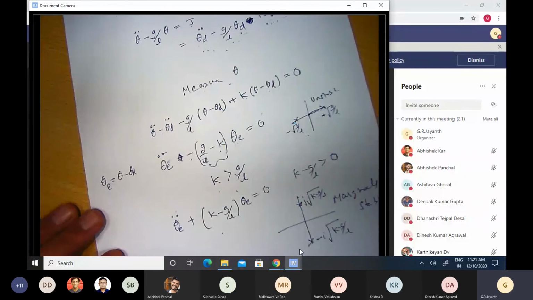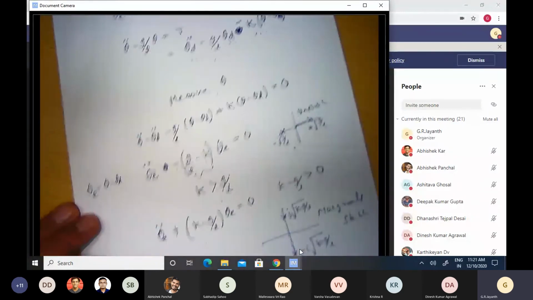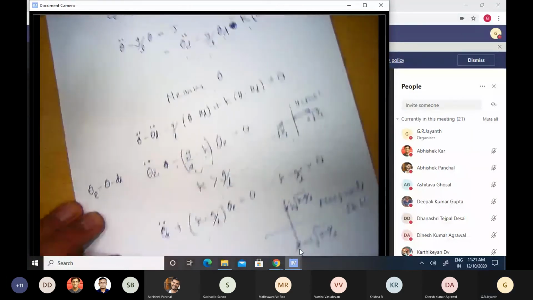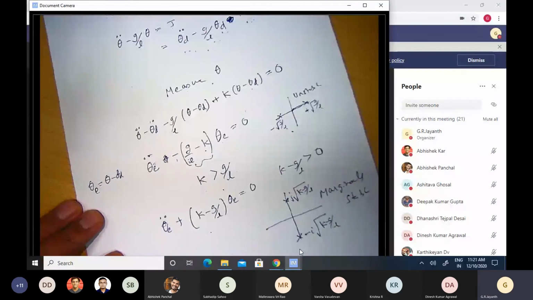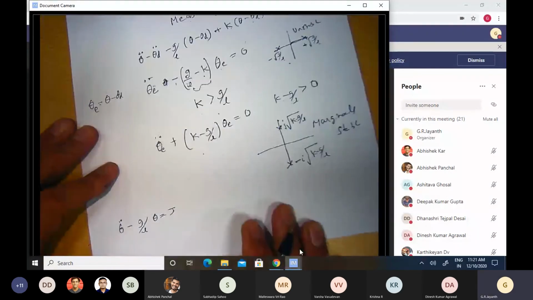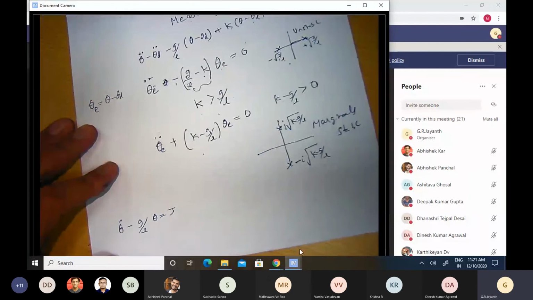Okay, then what I can do is let me go back to that equation. Theta double dot minus g by L theta is equal to tau. That's the equation of my inverted pendulum in the neighborhood of its equilibrium point.